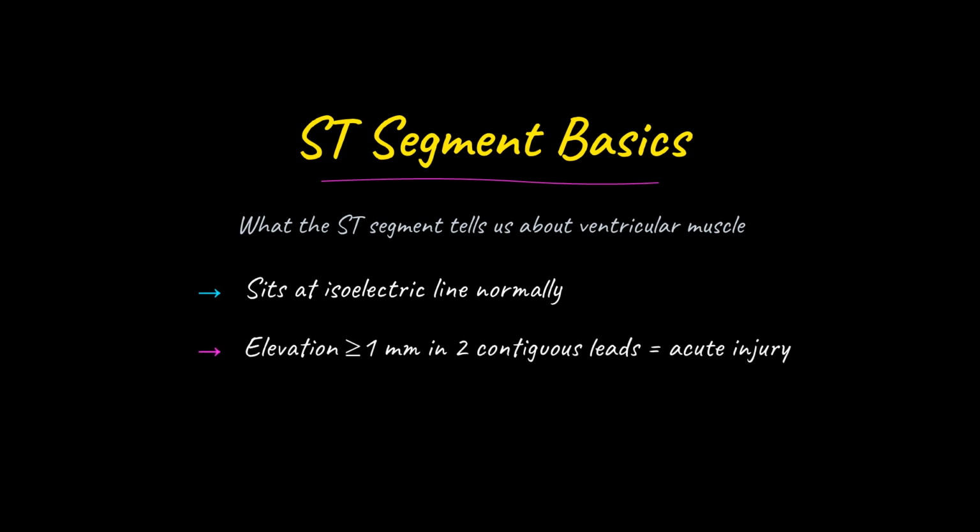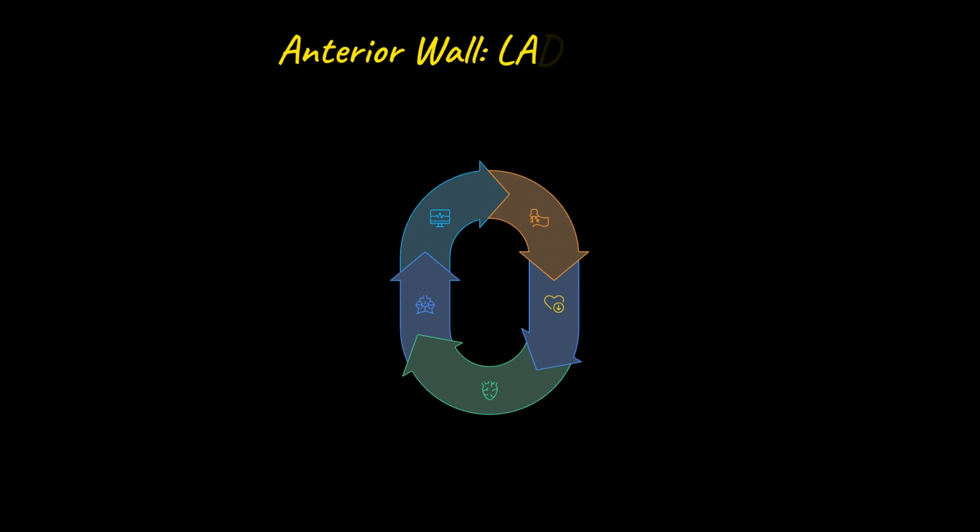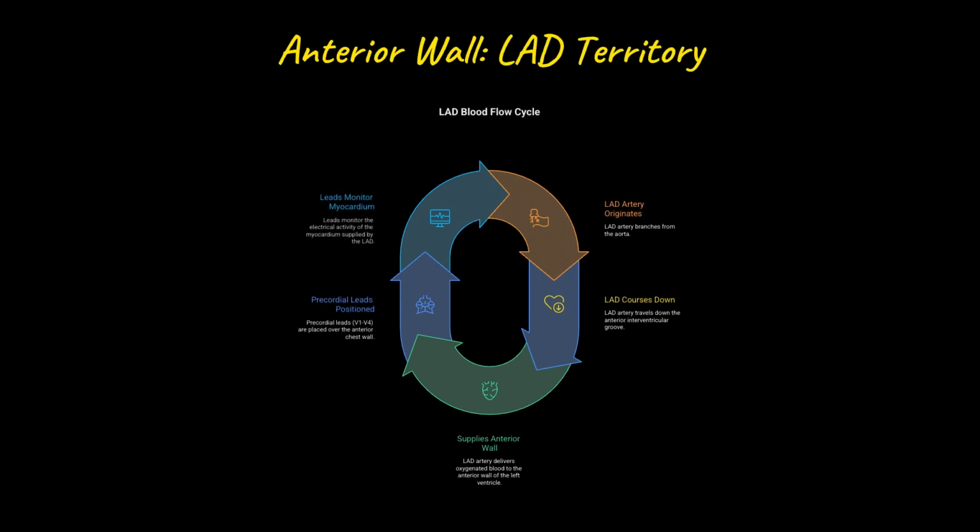Normally it hugs the isoelectric baseline. When it rises 1 millimeter or more in two contiguous leads, that signals acute myocardial injury in the territory those leads overlie. The left anterior descending artery, the LAD, supplies the anterior wall of the left ventricle, the muscle that sits directly beneath leads V1 through V4.